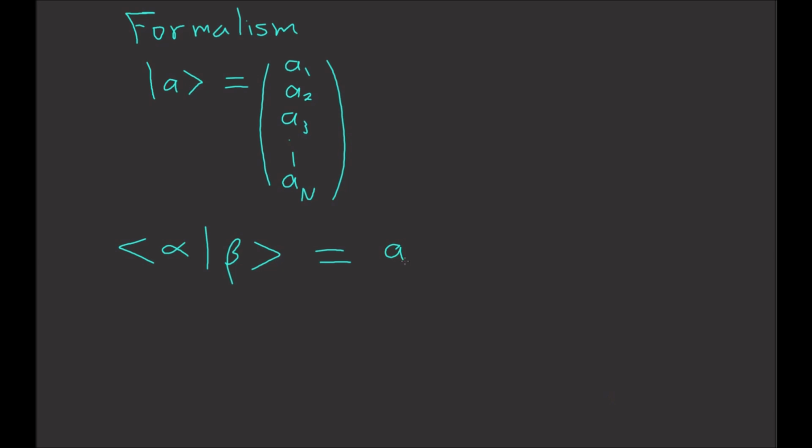So we have A1 complex conjugate. The first member of this inner product we always complex conjugate, times B1, plus A2 complex conjugate times B2, plus all the way to A sub n complex conjugate times B sub n.